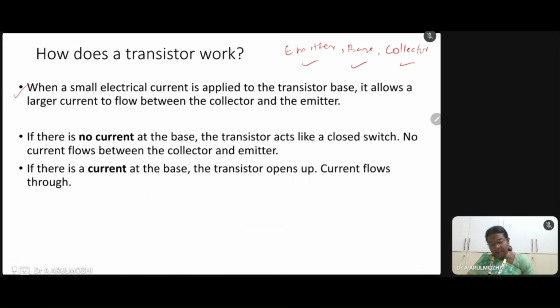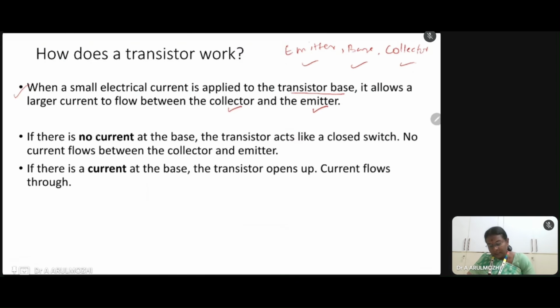When a small electric current is applied to the transistor base, it allows a larger current to flow between the collector and the emitter. So based on the current given to the base of the transistor, we are going to get the output in between the collector and the emitter.